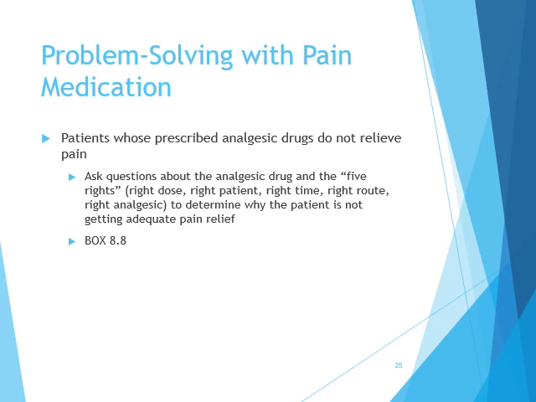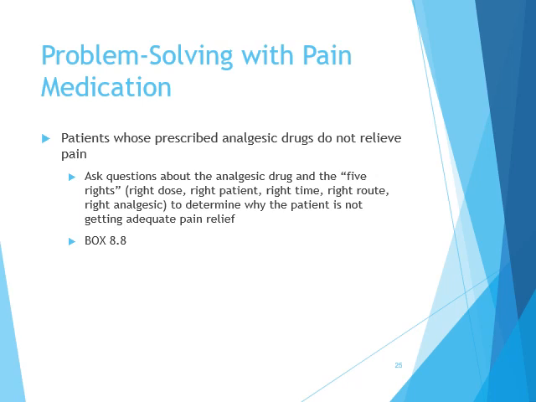So let's go back to that box 8.8, problem solving. Check the analgesic order. Be sure it's the right dose, the right patient, the right time, and what's the onset, peak, and duration of the analgesic. So are the times right?